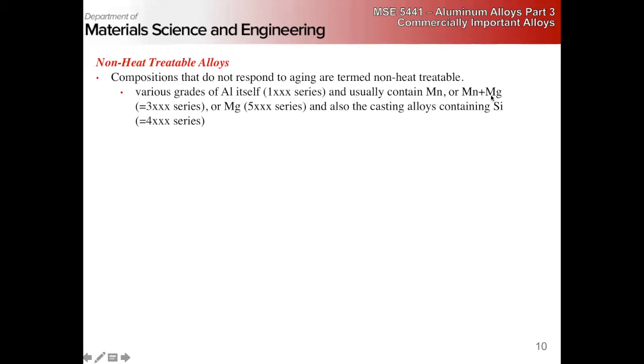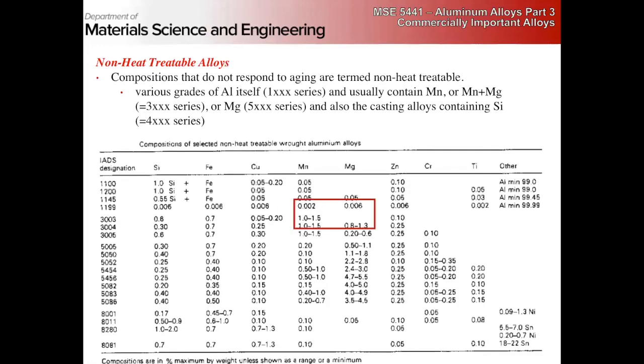The manganese series is the 3000 series, magnesium is 5000, and also the casting alloys containing silicon of the 4000 series. These are the compositions that make up the non-heat treatable alloys, right? These are sort of the composition ranges that we're looking at.